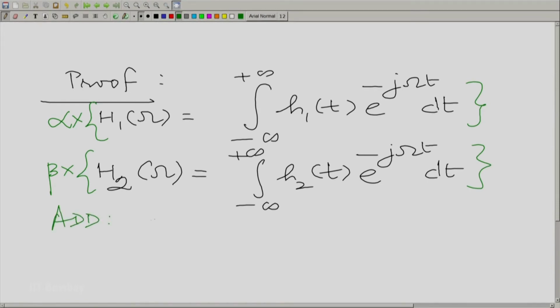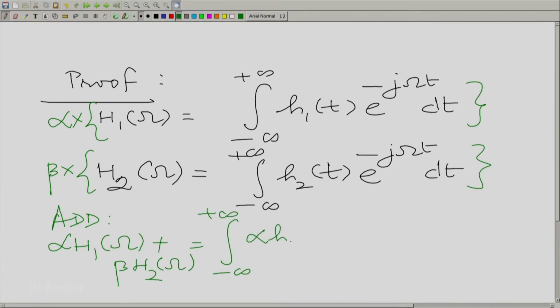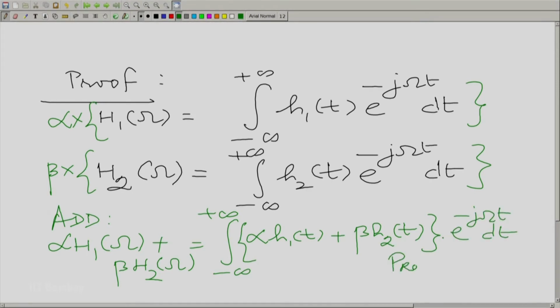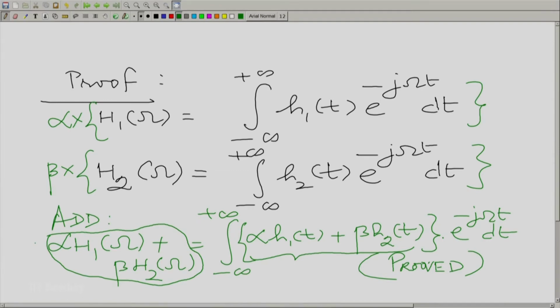Of course, when we add it, we will get alpha times H1(omega) plus beta times H2(omega) is integral from minus to plus infinity. Remember, you can take the constants inside and combine them, and this essentially proves the property, because as you see, the Fourier transform of alpha times h1(t) plus beta times h2(t) is indeed equal to the same linear combination of H1(omega) and H2(omega).